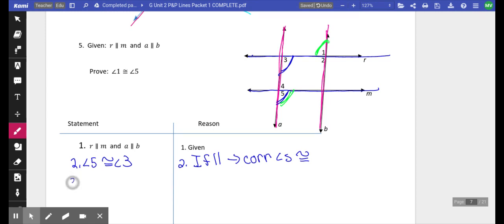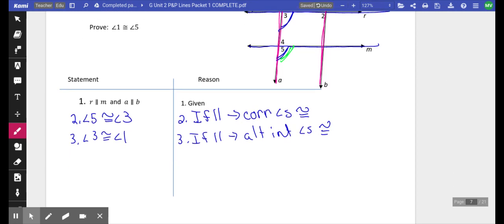Well, if I use my pink parallel lines, I know 3 is congruent to 1 because if parallel lines, then alternate interior angles are congruent. And now since I know 5 is equal to 3 and 3 is equal to 1, I can say that 5 is equal to 1 by doing substitution.